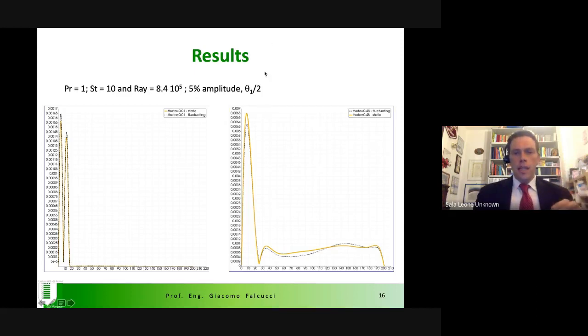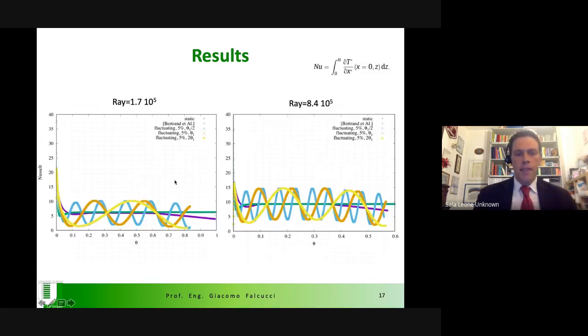There is an appreciable difference in the velocity distribution, but more, the effects are somewhat amplified for what concerns the Nusselt number.